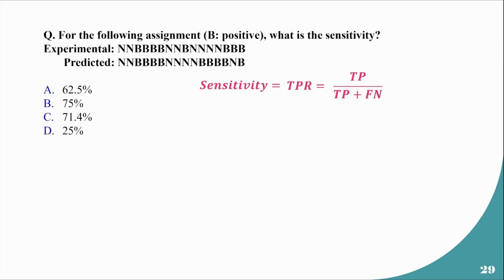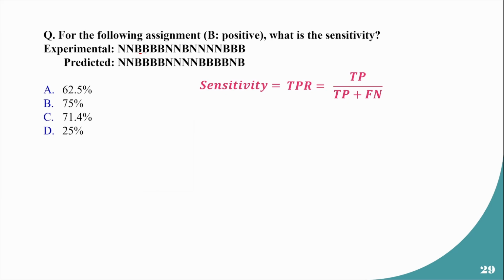So basically, true positive will mean that among all of the actual positive values, so actual will in this sense refer to the experimental values here, and of course since B is being referred to as positive values, whenever B was present in the experimental values, those will be positive, right?